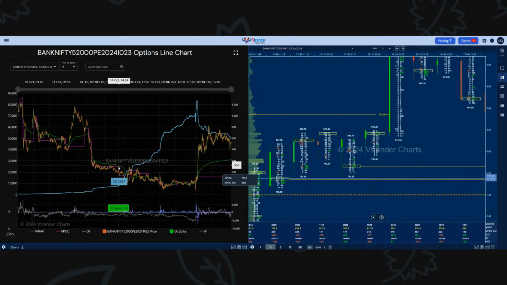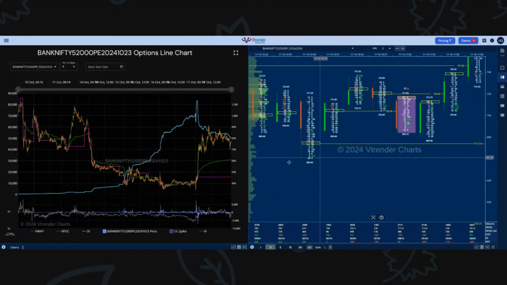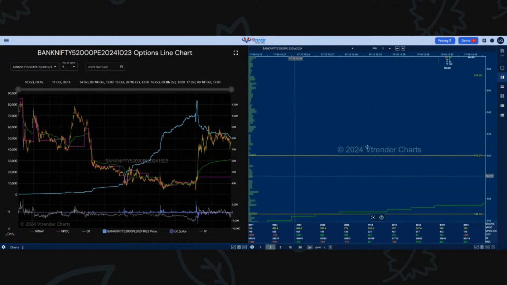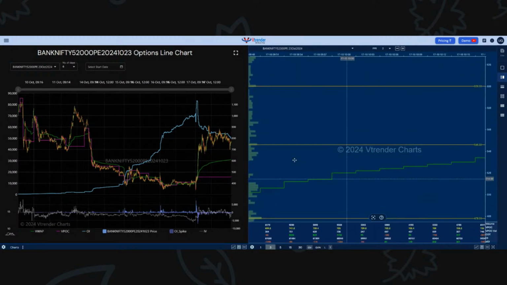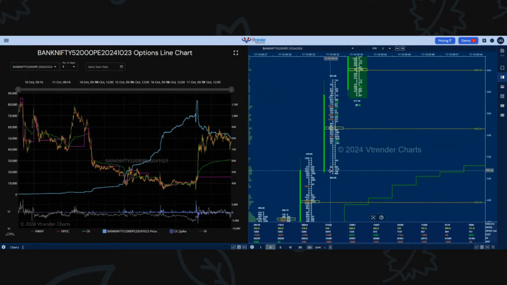Once we are above this 555 and we have left an NPOC there, it tells us that we can look for the higher target. You can see how we hit that 555 reference here of this VPOC, and we have left a fresh POC at 546, the IB bar POC. So you know the higher targets would be this 798 and 894.